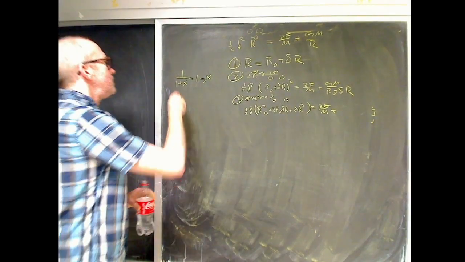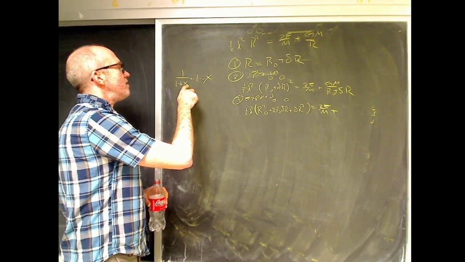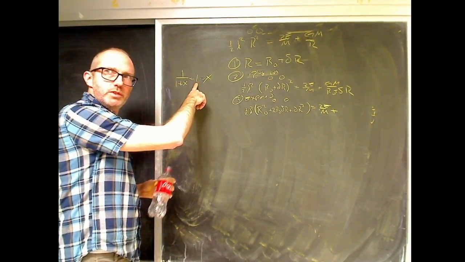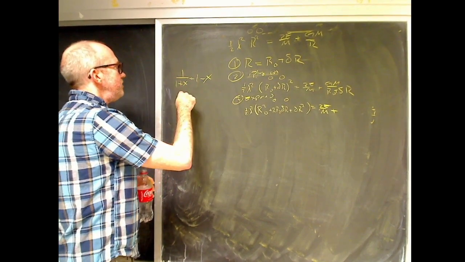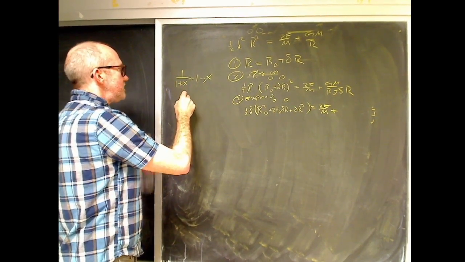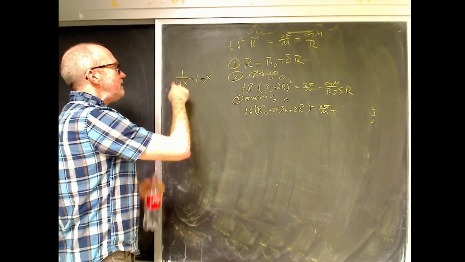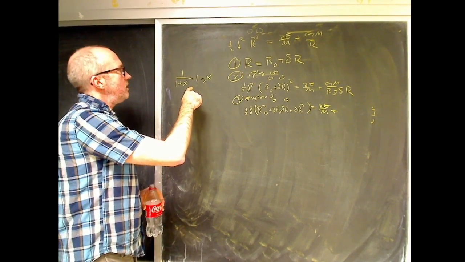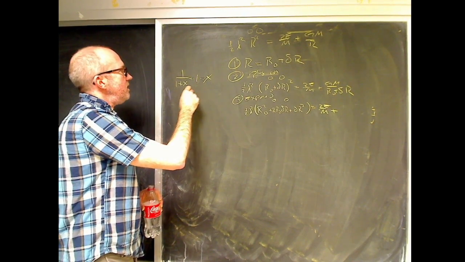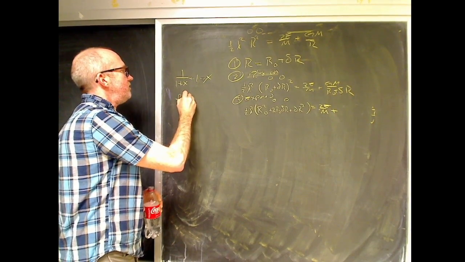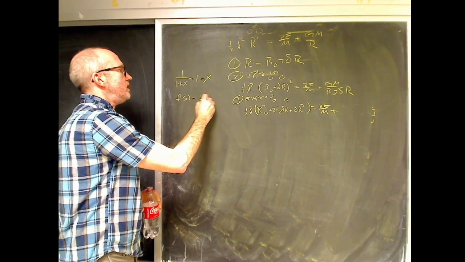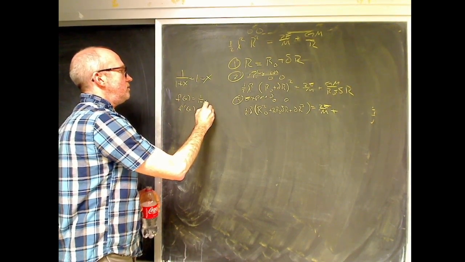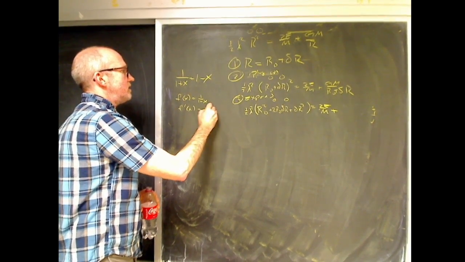How do you see that? Well, I'm going to expand around x equals 0, so I plug in x equals 0 and I get my first term, which is 1. And then I take a derivative of this. The derivative of this gives me a minus sign because all this stuff is in the downstairs. So f of x is 1 over 1 plus x. F prime of x equals minus 1 over 1 plus x squared.